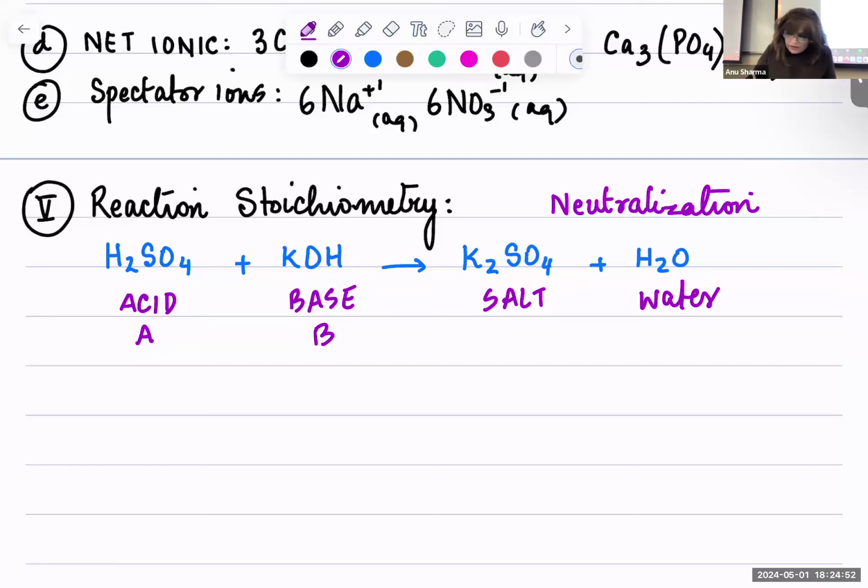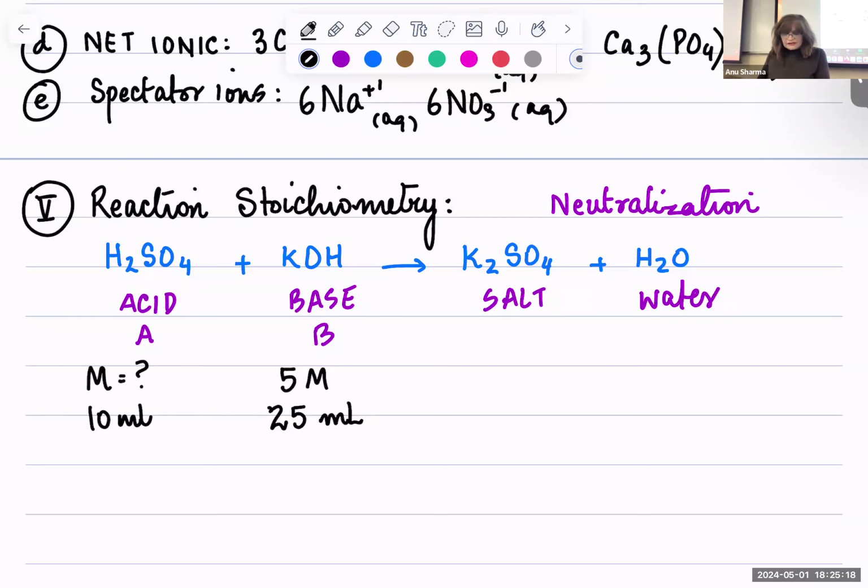Okay. So now A and B. Let's say you are given 5 molar KOH, so the molarity is 5 molar and the volume you used is 25 milliliters. You have 10 milliliters of acid. Find the molarity of the acid.